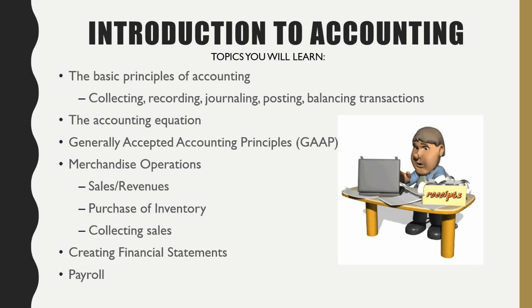So we're going to be going through every single step, and at the end of this class, we should learn all 10 steps on how to properly close our books, but also to create those financial statements, okay? And then lastly, it's a small section, and it's going to be payroll. What do you do when you have employees? How do you pay them, okay? And that is going to be tied up to our entire course, okay?